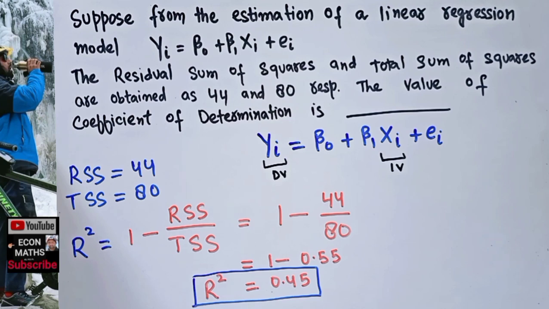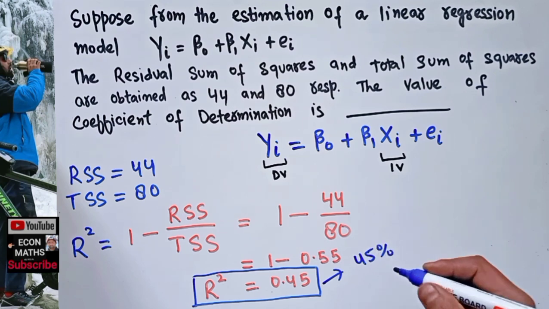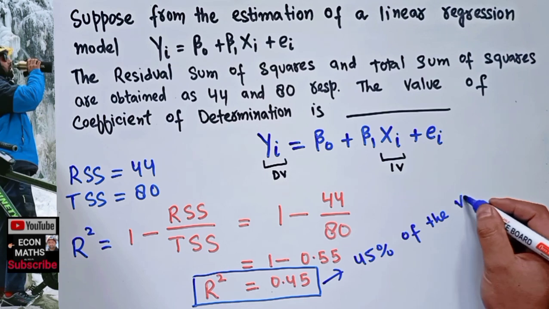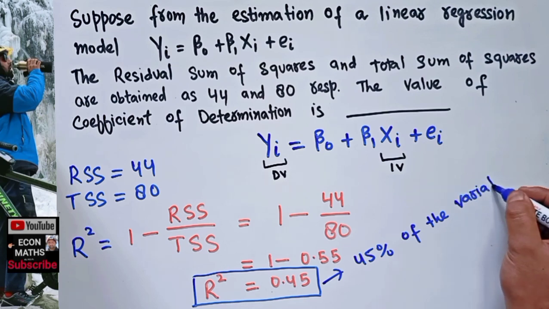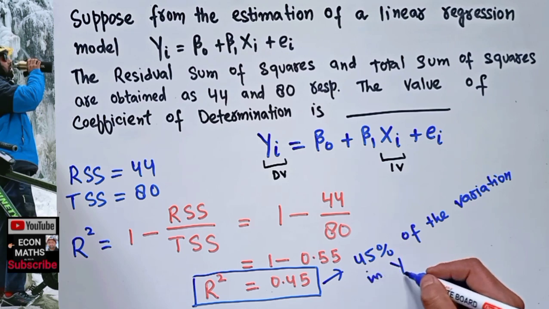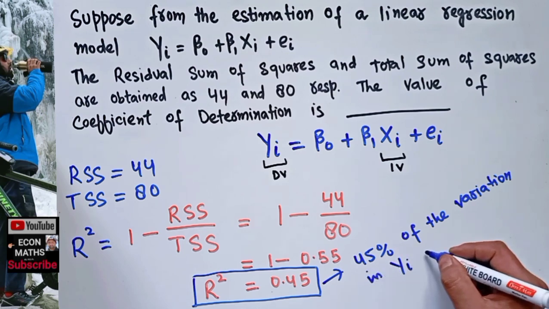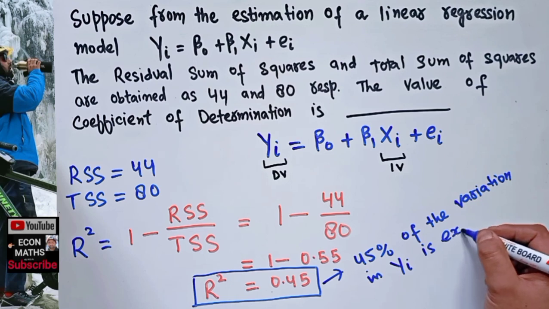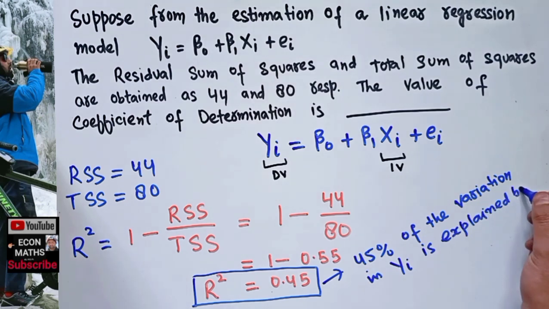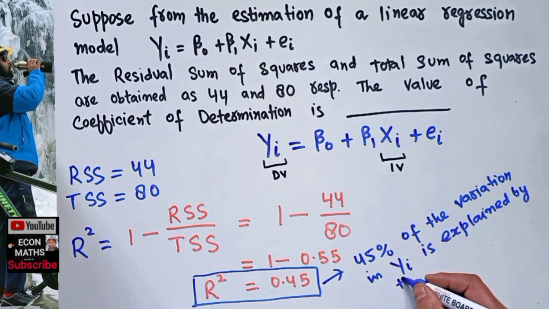When the coefficient of determination is 0.45, it tells us that 45% of the variation in the dependent variable, which is yi, is explained by the variation in the independent variable.